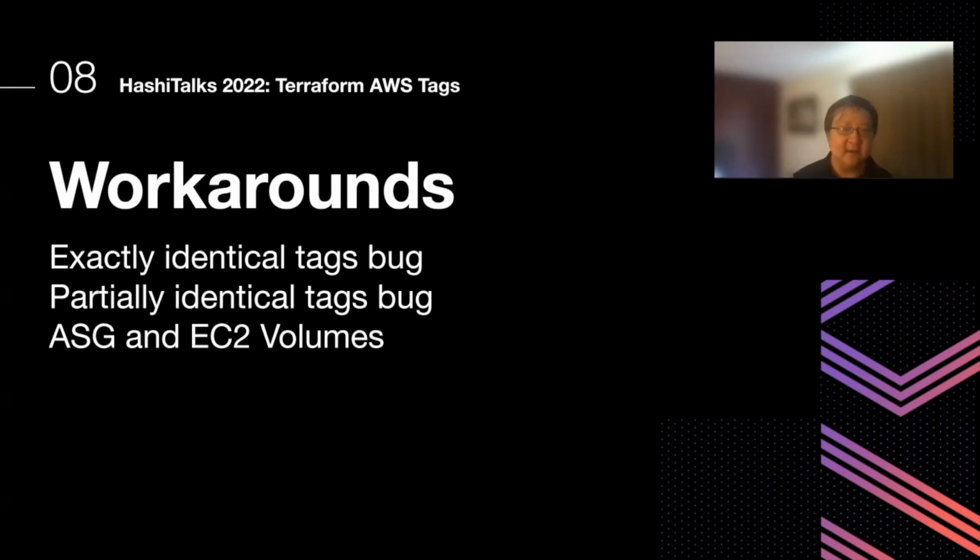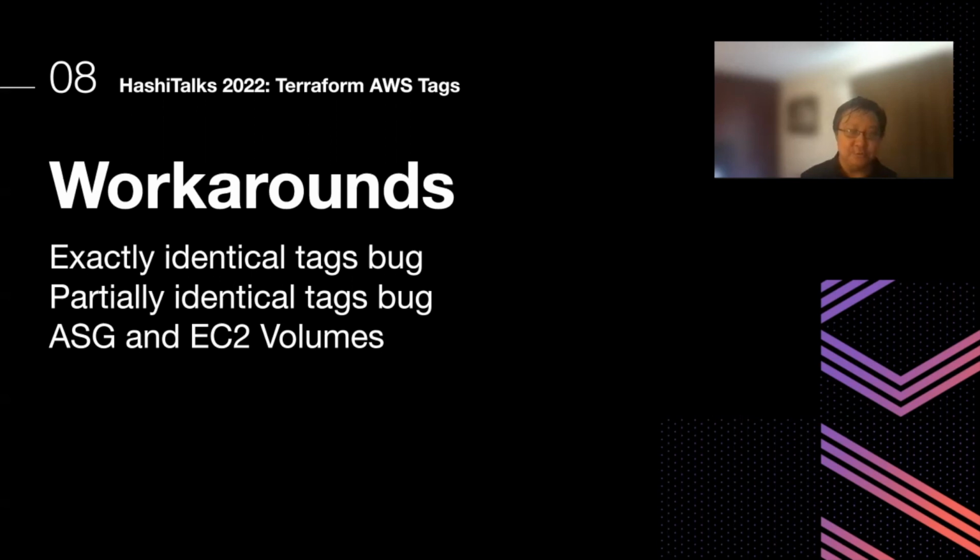And finally, with ASGs and EC2 volumes and launch templates, all of these already have their specific quirks on how to tag. So that's nothing new, right? That's something that's already been how AWS defines how these tags are defined.